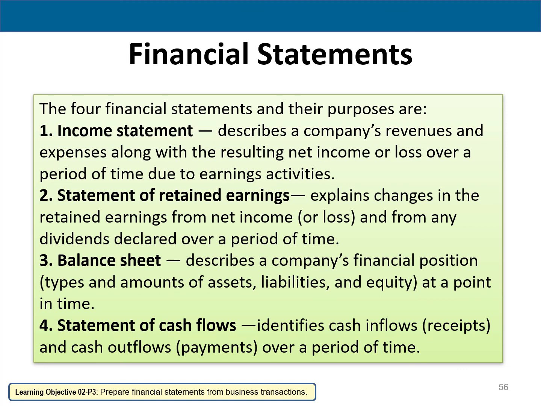Basically, retained earnings is the accumulation of all of the company's revenues, expenses, and dividends paid for the entirety of its existence. The balance sheet describes a company's financial position at a point in time. It will tell you the balance in all of their asset, liability, and equity accounts as of whatever date the balance sheet is being reported. And then the statement of cash flows tells you how a company makes its cash and spends its cash over a period of time.